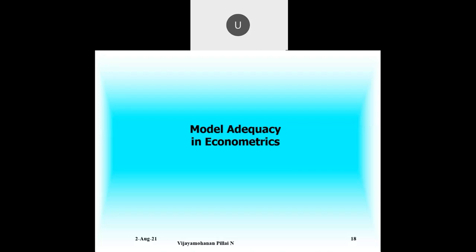Before going for the hypothesis testing on the estimated regression equation, we have to see whether our model is adequate or not. If the model is not adequate, then it is useless. We cannot use that. That means we need not go for the significance of the estimated model. So first we have to see whether our model is adequate or not. And this is the topic that I am discussing today.